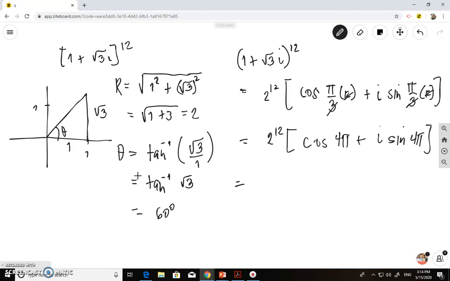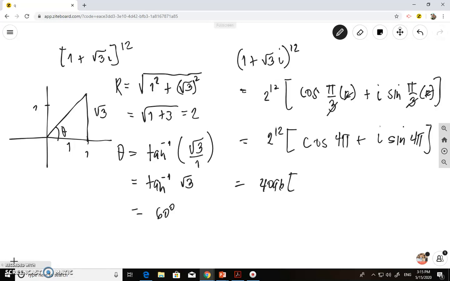When we simplify that further, let's solve this one. 2 to the power of 12 is equal to 4,096. What is cosine 4 pi? 4 times 180, so converting that, 720.